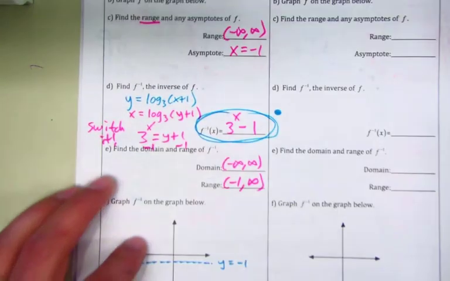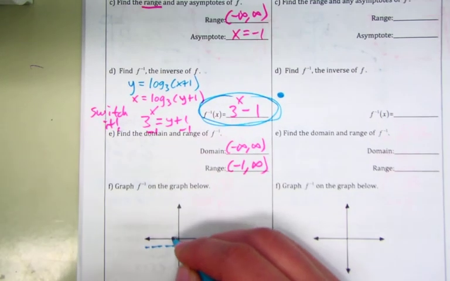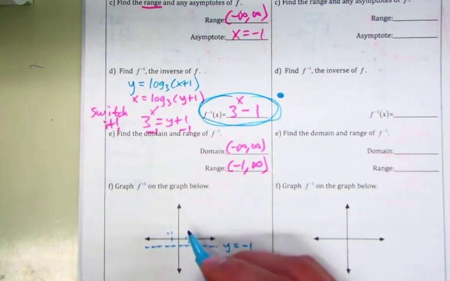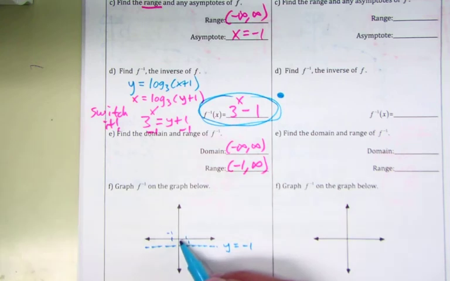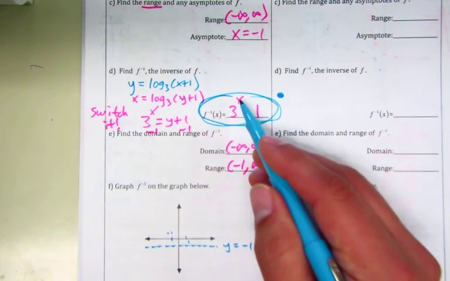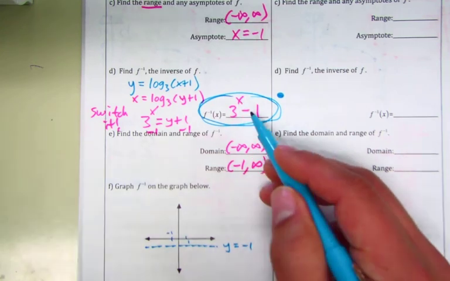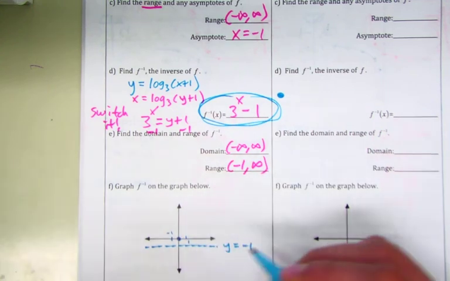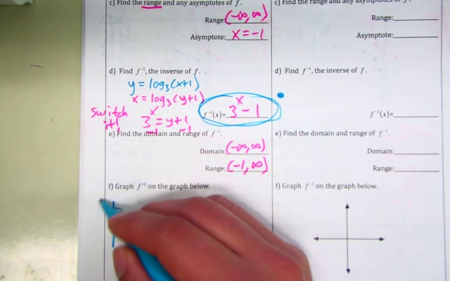Or, if you prefer, you can plug in some points. Not too bad. If you plug in 0, 3 to the 0 is what? And then subtract 1. So 0, 0 is a point on the graph. Does that make sense?